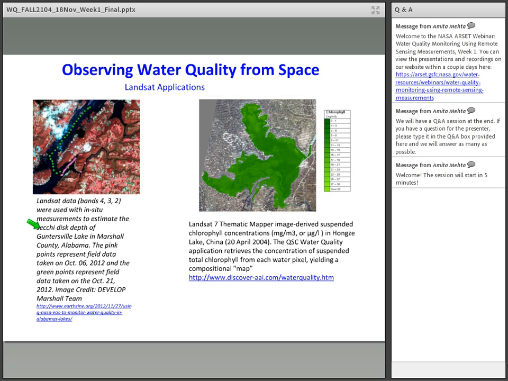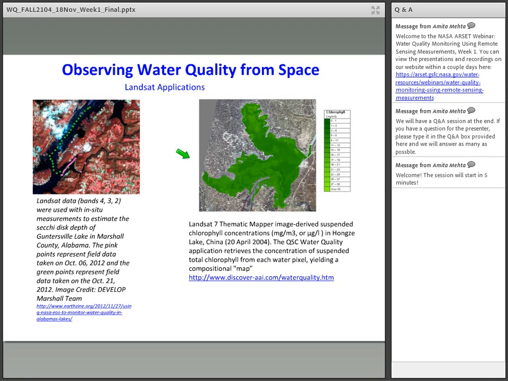That was measured at these green dots, and then using Landsat data in bands 4, 3, and 2, a relationship was derived to convert satellite reflectances to Secchi disk depth. This is a typical way of doing water quality from remote sensing: combining in situ measurements and looking at a large area from satellite, you can convert satellite reflectances into some measurable water quality parameter.